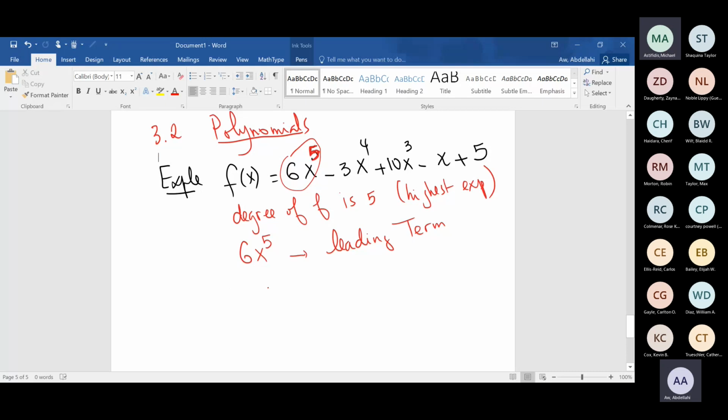The numbers 6, -3, 10, -1, 5 are called the coefficients of the polynomial. Okay, and 6 is the leading coefficient right here. Okay, so this is some vocabulary.